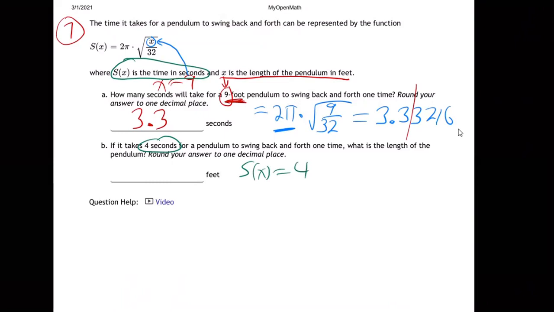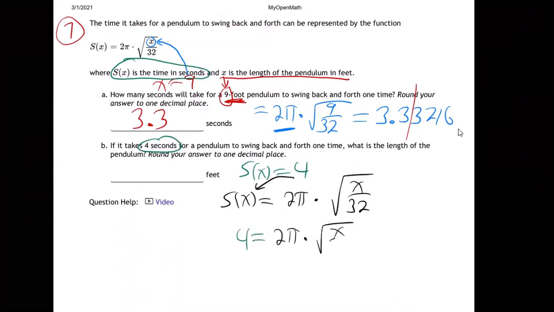So let me write out this function down here. S of x is 2 pi square root of x over 32. And I'm going to plug in 4 for S of x right there. Okay, so what do I do now?